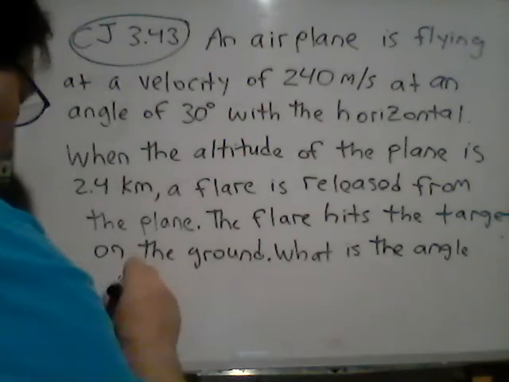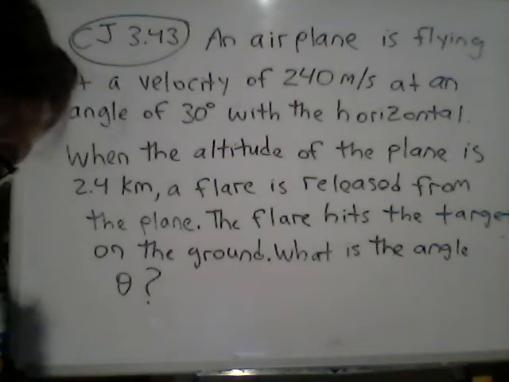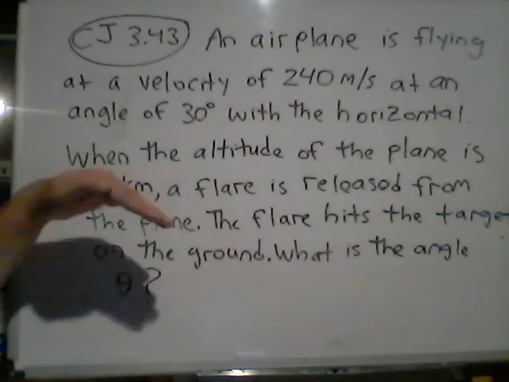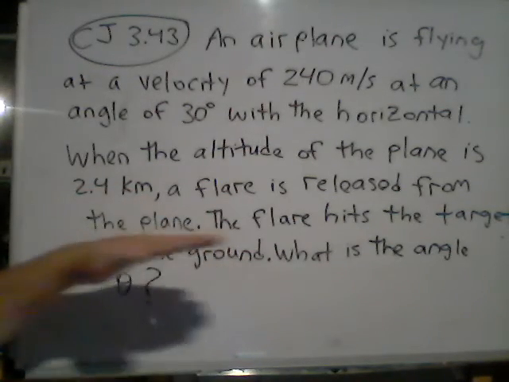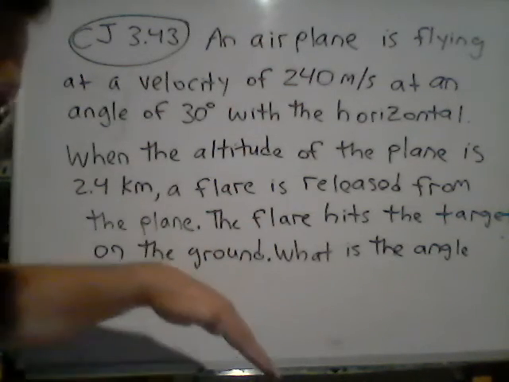Let's see, we'll put theta right here. All right, so it says an airplane is flying at a velocity of 240 meters per second at an angle of 30 degrees. And the airplane is actually directed downward. So you imagine what the horizontal is. It's at a 30-degree angle, and it's going 240 meters per second.